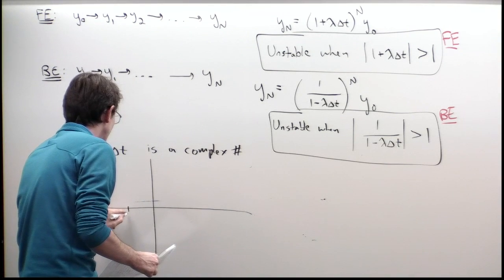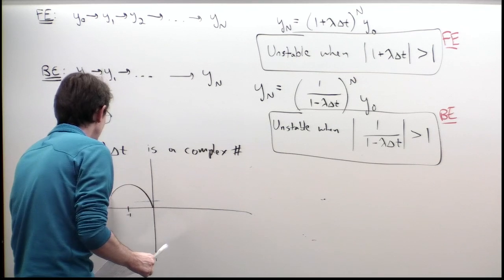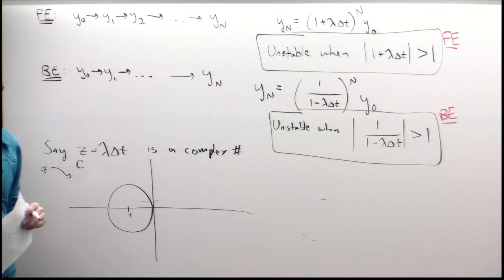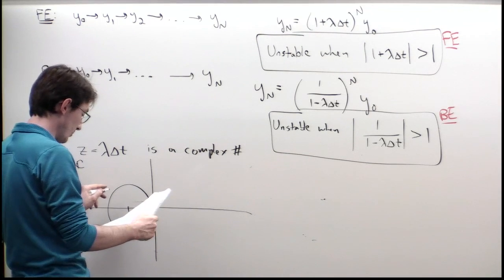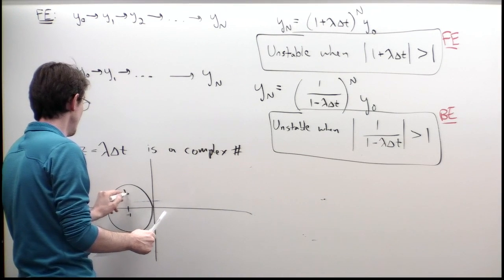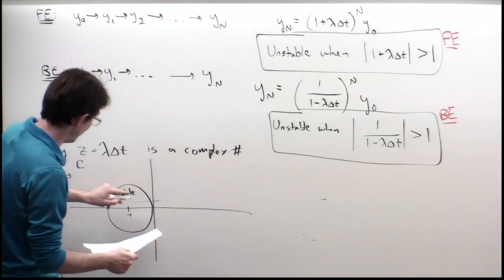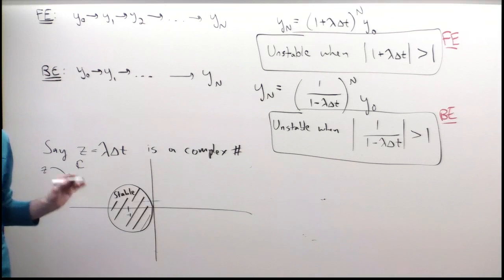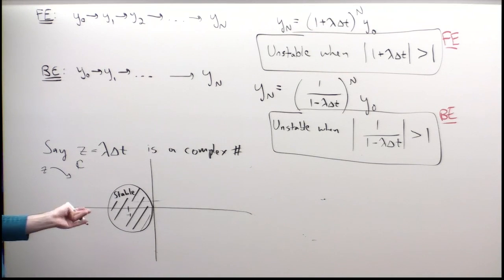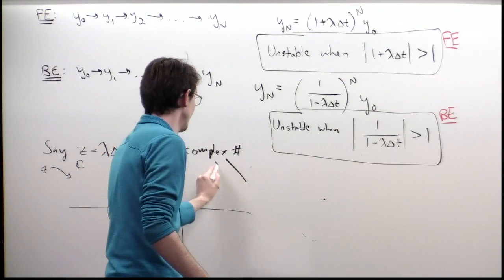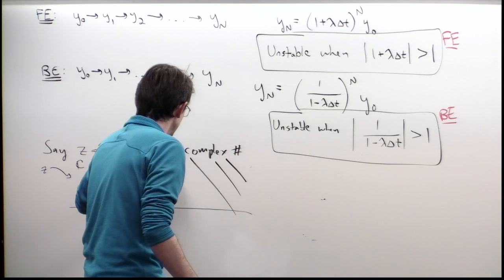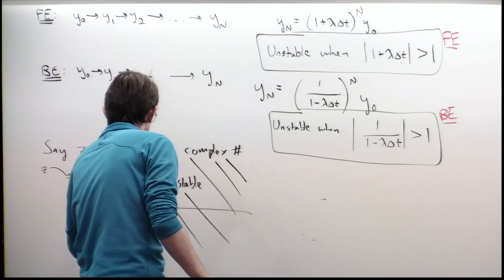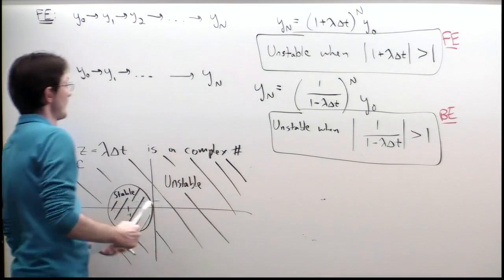There's a unit circle around -1, and this is the only region where forward Euler is stable. So this is the only stable region, and I'm just going to shade this. Everything else in the complex plane would make forward Euler unstable. So this is bad.